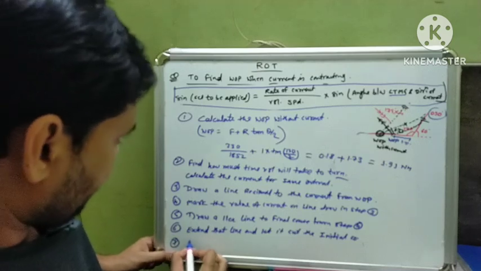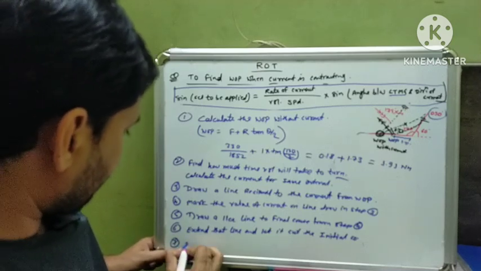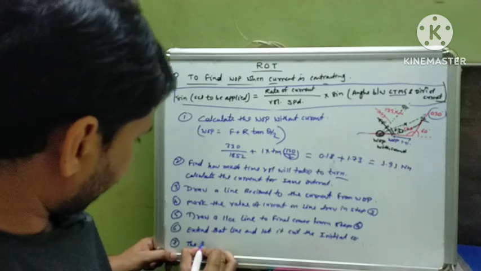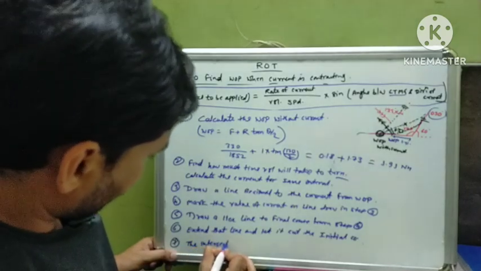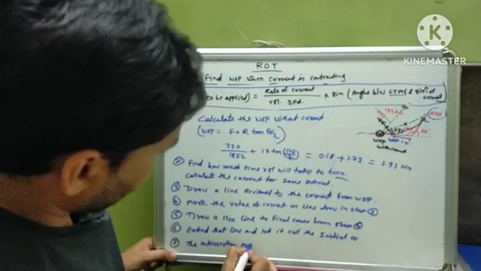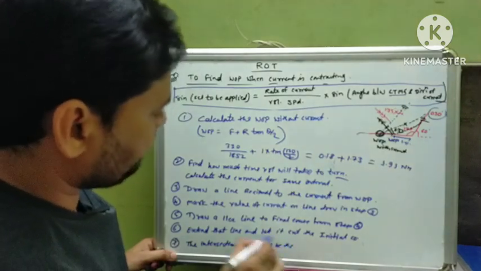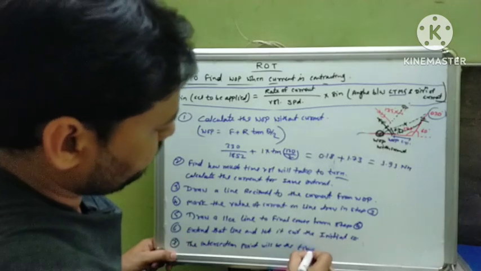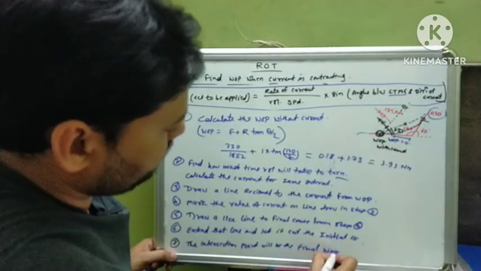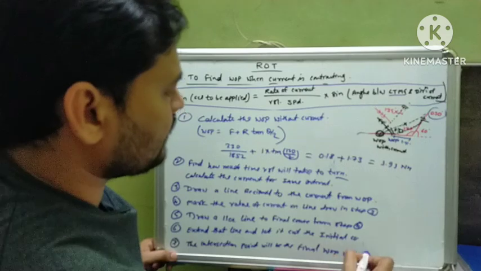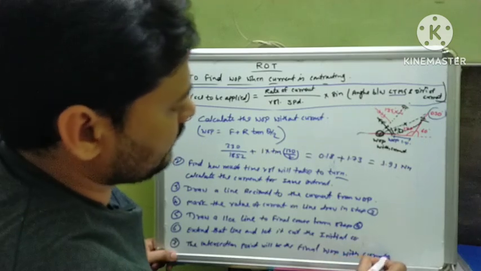And the final step: the intersection point will be the final wheelover point with current.